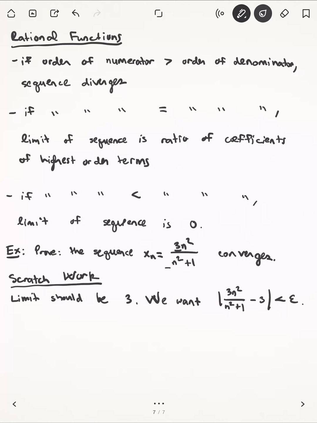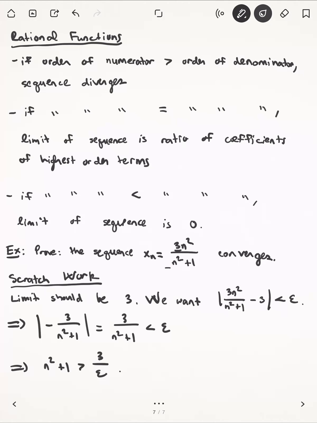Now if I get a common denominator and combine this, that's going to give me the absolute value of minus 3 over n squared plus 1, which is 3 over n squared plus 1, less than epsilon. Which means I want n squared plus 1 to be bigger than 3 over epsilon.